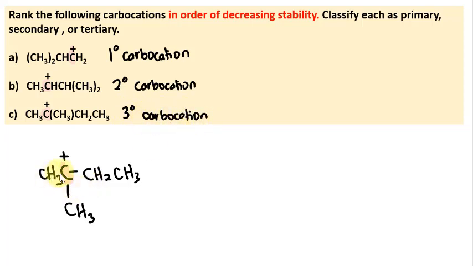So this one has three alkyl groups, this one has two alkyl groups, and this one has only one alkyl group attached to the carbocation.